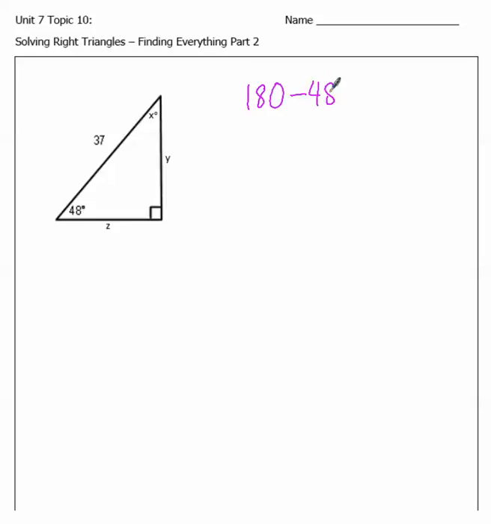I've used 48 degrees from here, and I've used 90 degrees from there. So I want to find out what's left over for that third angle. 180 minus 48 minus 90 gives me 42. So x is 42 degrees, or x is 42.